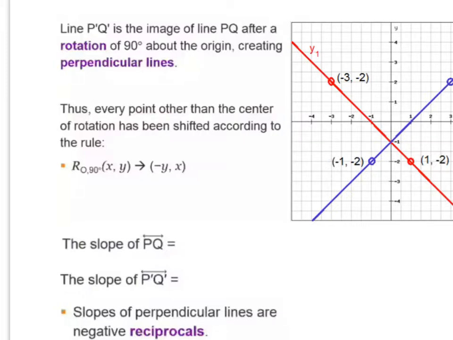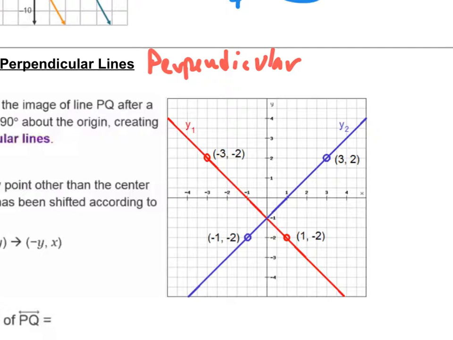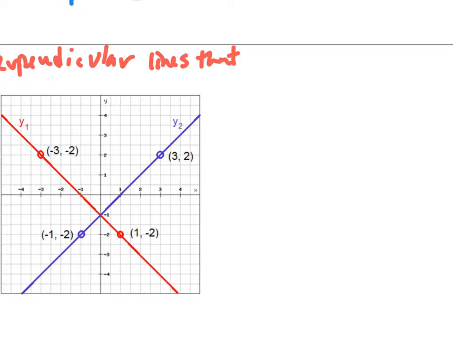And that means perpendicular lines are lines that create a 90-degree angle.